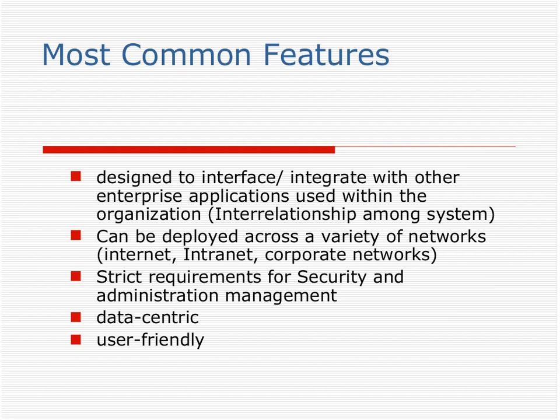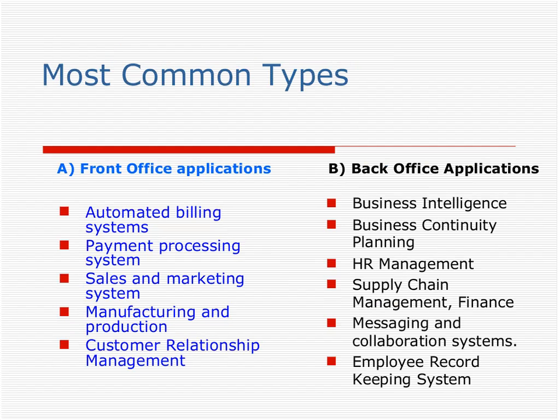That was the most common features, and in this slide we see the most common types. Generally, we have two types of enterprise application software: front office applications and back office applications. Under each type there are other particular types that a business can use, like automated billing system, payment processing systems, sales and marketing, manufacturing and production, customer relationship.